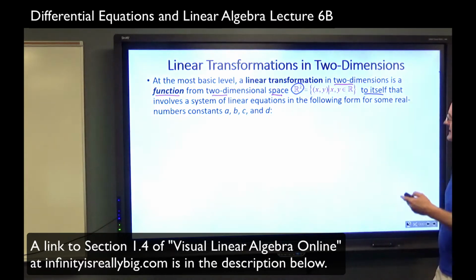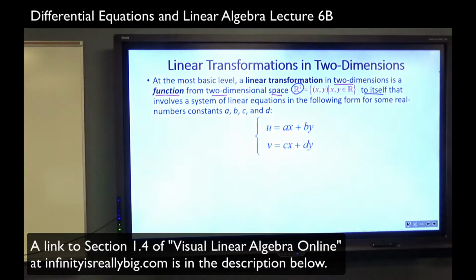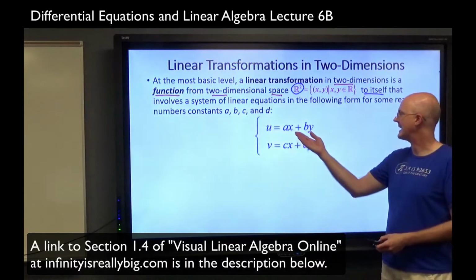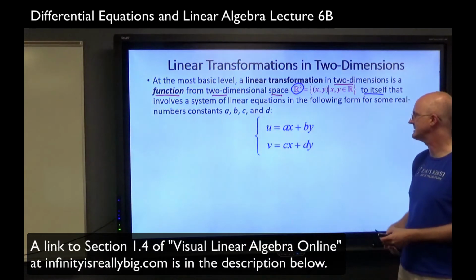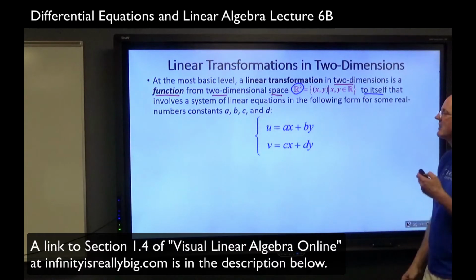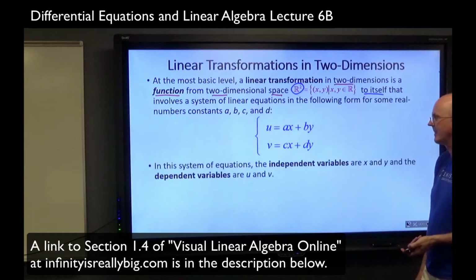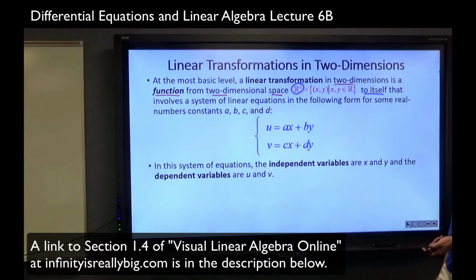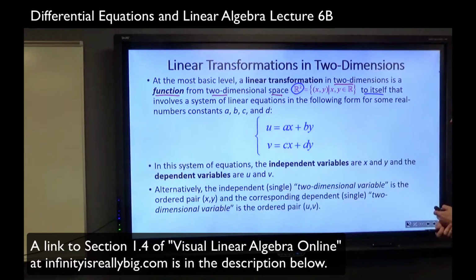It involves a system of linear equations in this form that defines it. u equals ax plus by and v equals cx plus dy, where a, b, c, and d are constants. In the system of equations, the independent variables are x and y, and the dependent variables are u and v. The a, the b, the c, and the d are constant.